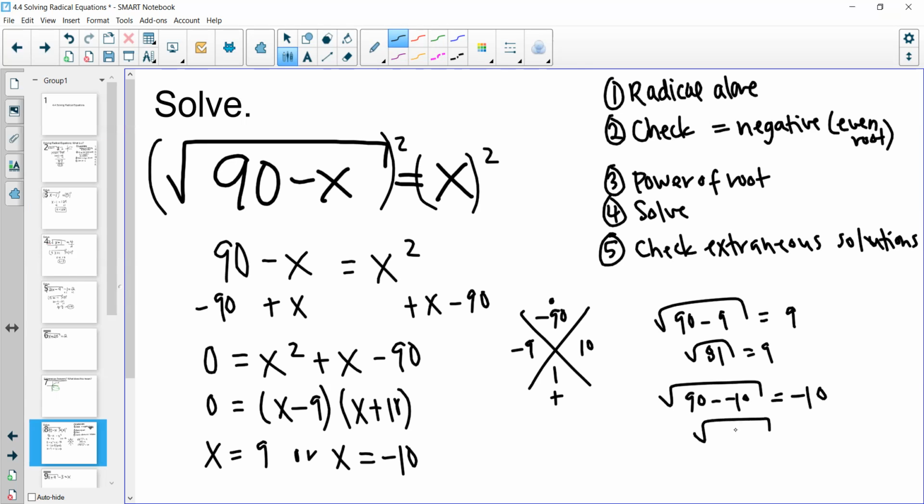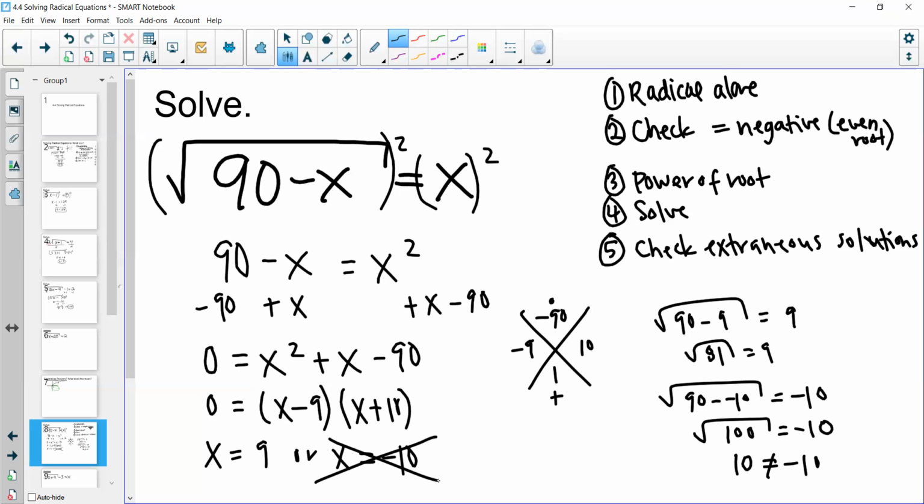And then we get the square root of 100 equals negative 10. Now, typically we say that negative 10 times negative 10 is 100. However, in this case, we know that the square root of 100 is going to be 10. And because 10 is not equal to negative 10, this is not a possible solution that we can use here. So we don't want to use it. That's called that extraneous solution.